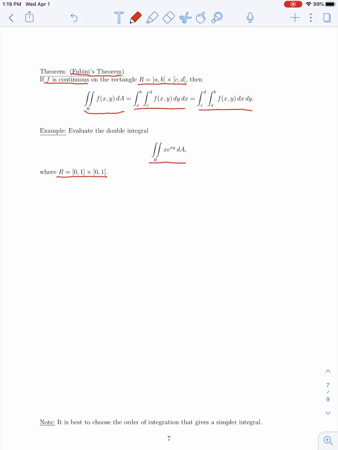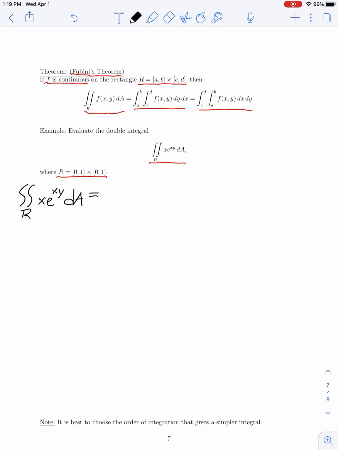So here, we can evaluate this double integral making use of iterated integrals in either order, either first with respect to y or first with respect to x. So let's consider how we want to evaluate this.